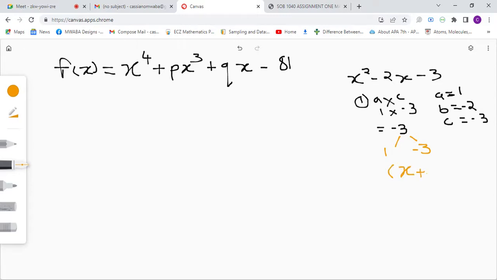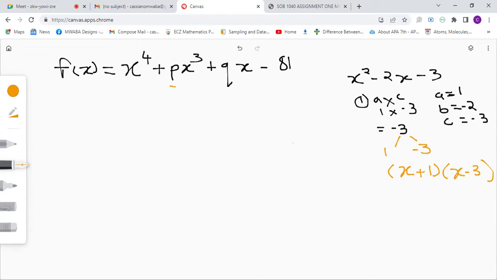So we break x squared minus 2x minus 3 into two factors: x plus 1 and x minus 3. To get the values of P and Q, we are going to use the factor theorem to find these coefficients.